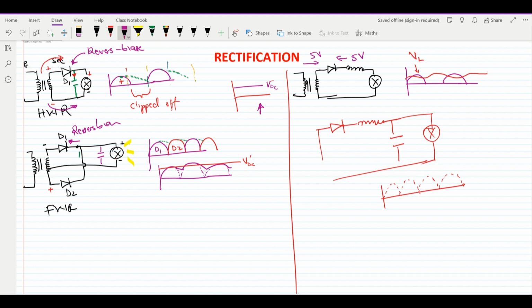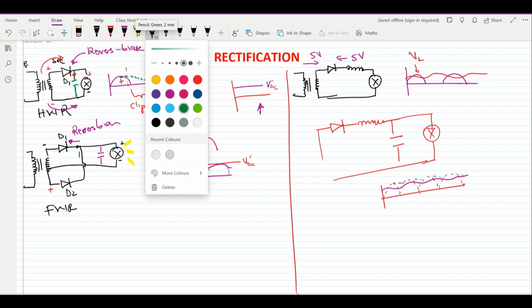The inductor will create its own waveform, and yet the capacitor at the same time is trying by all means to filter everything out such that we have a smooth filtering there. If you can look at this, we are indirectly getting closer to what we need here.